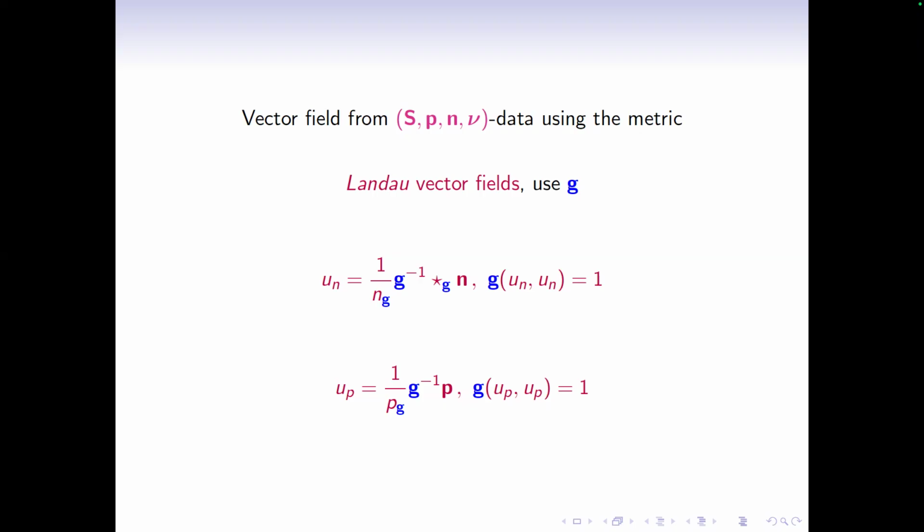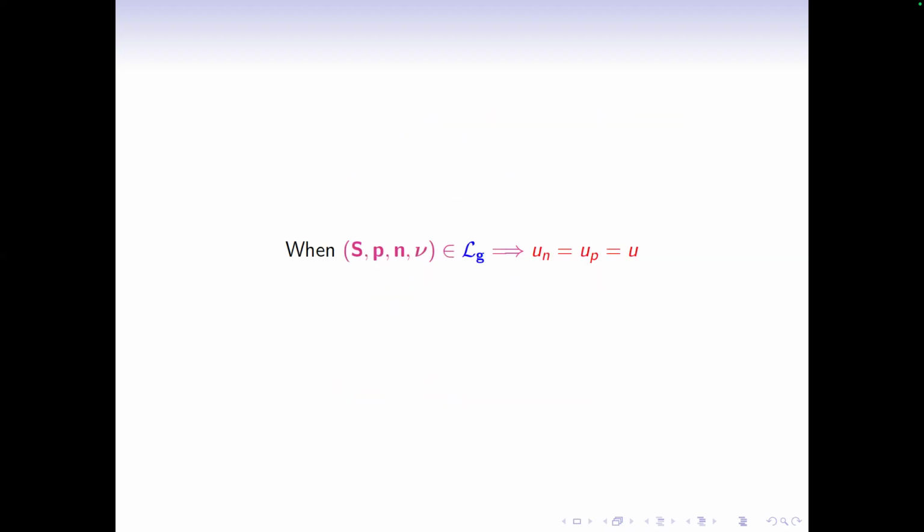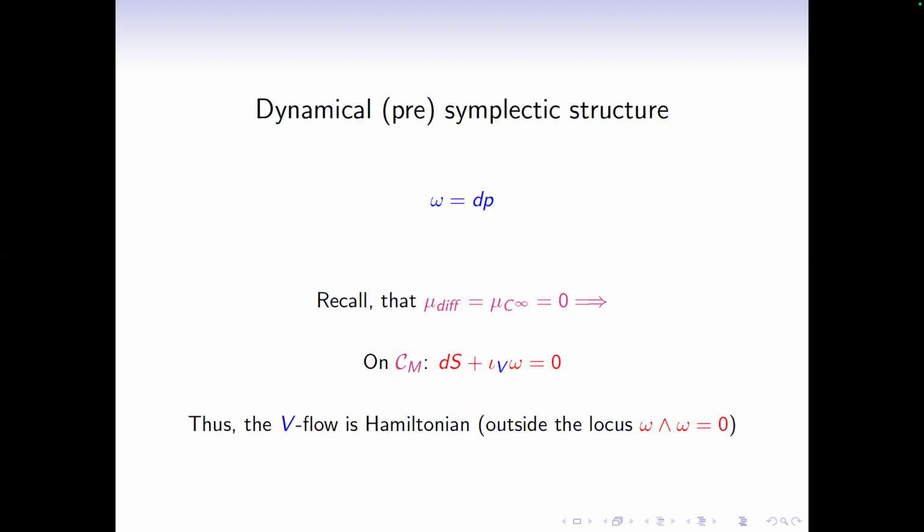And now these two vector fields are equal on this Lagrangian submanifold, because this relation guarantees that P is proportional to star of n and n is proportional to star of P. So this U is usually called the Landau field. This is the vector field which you find in textbooks of relativistic hydrodynamics.